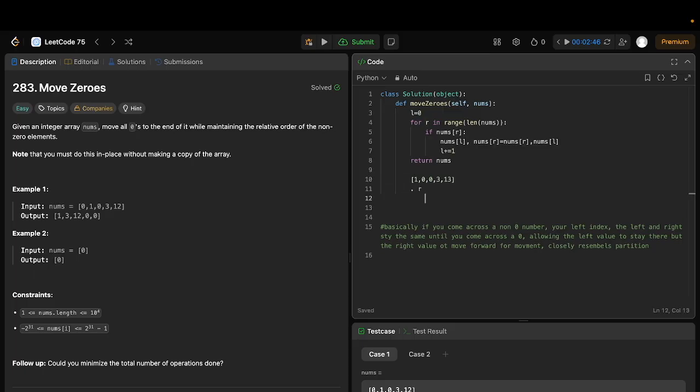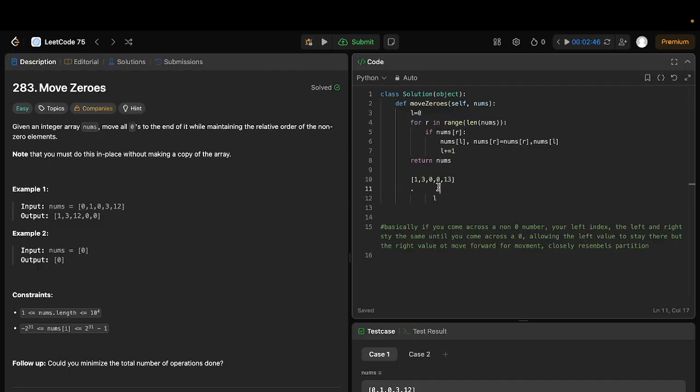Let's put that right under. Then we go to another iteration and our R moves up. Is this a non-zero number? No, it's not, so let's move our R up again.